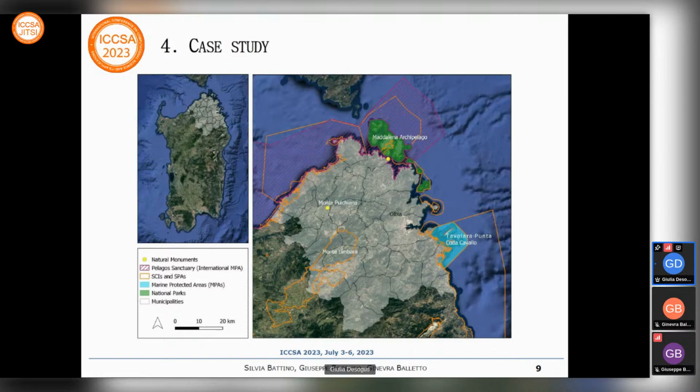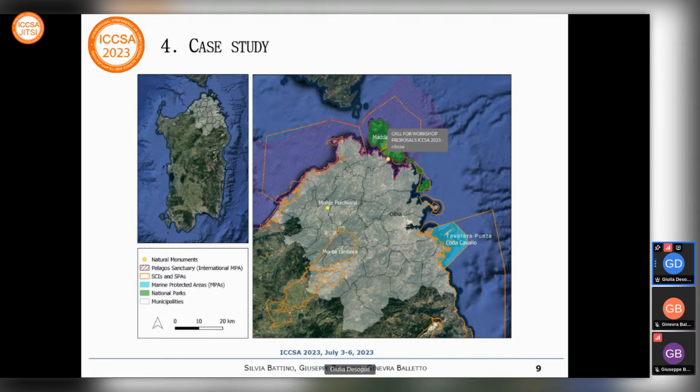We talk about the marine protected area Tavolara Punta Coda Cavallo, established in 1997, and then the other case study is the La Maddalena Archipelago National Park, located here in the northeast of this sub-region of Gallura in Sardinia, near the Straits of Bonifacio, instituted by a law in January 1994.